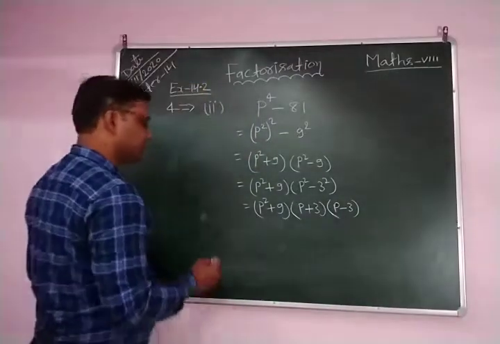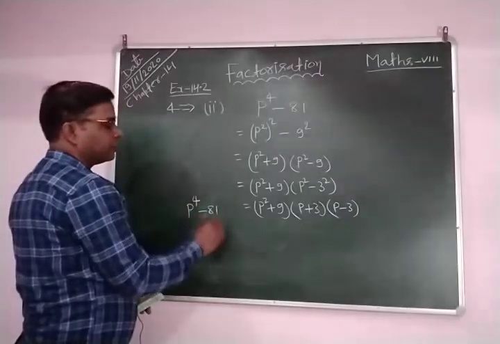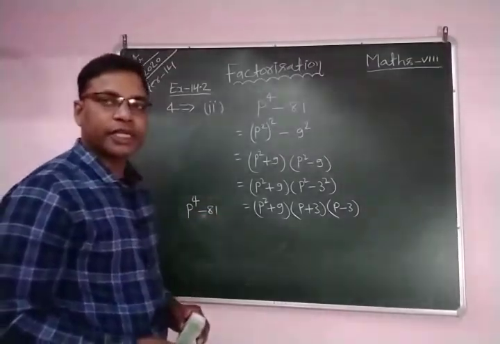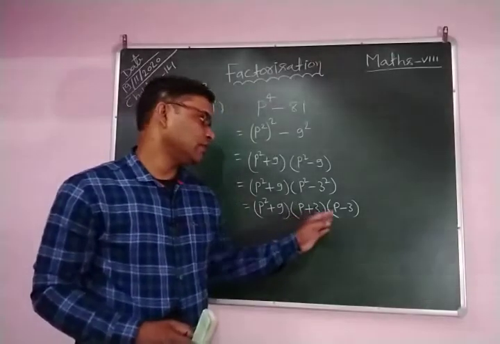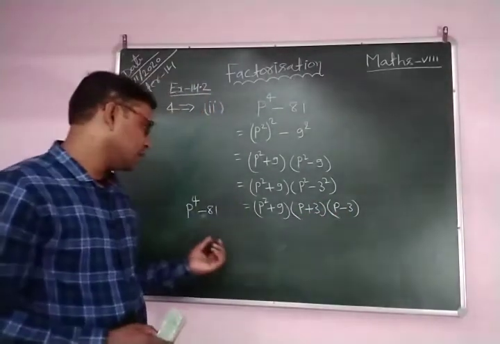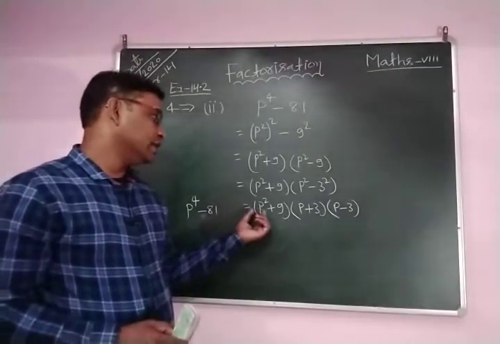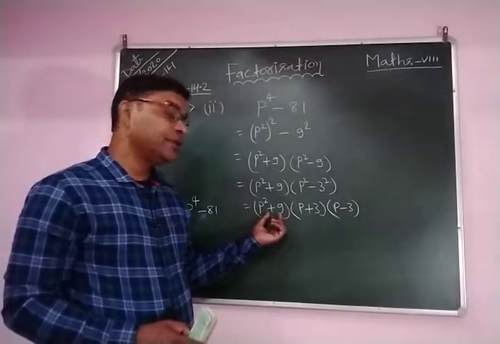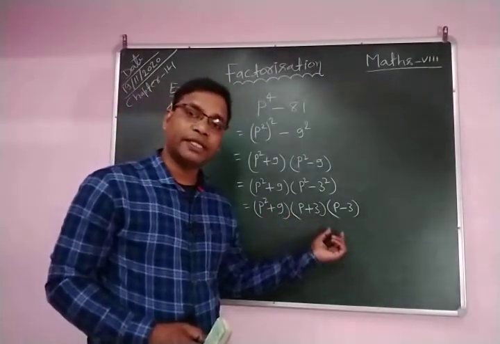So here you can see we find the factor of p power 4 minus 81. This is equal to p square plus 9 into p plus 3 into p minus 3.